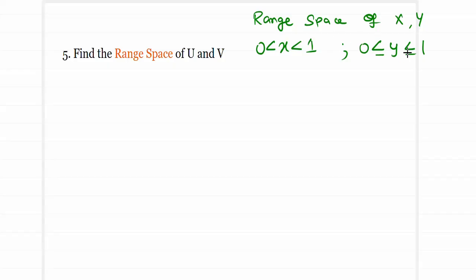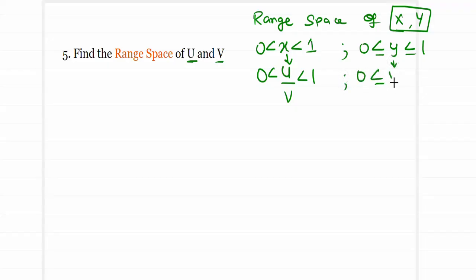Now this is in terms of x and y, but what we need is in terms of u and v. And just now we have found the relationship of x and y in terms of u and v. So what will this now get replaced as? X, you know, is going to be u by v. So this will be replacing x as u by v. And y is replaced as v. So this is going to be my quantity.